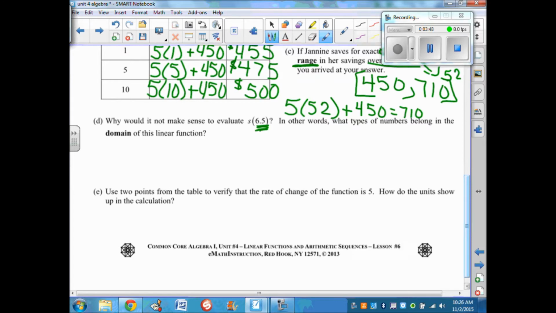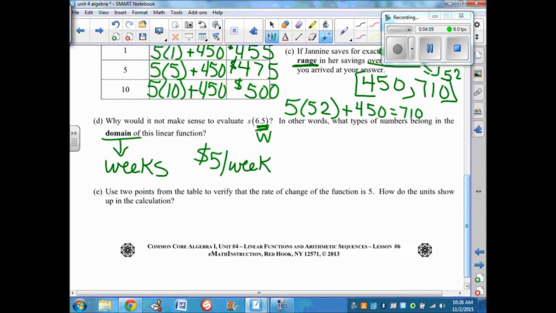Part D says, why would it not make sense to evaluate S of 6.5? Does it make sense for the weeks to be 6.5? In other words, what types of numbers belong in the domain? Well, the domain of this function is the number of weeks, and she's putting $5 away per week.